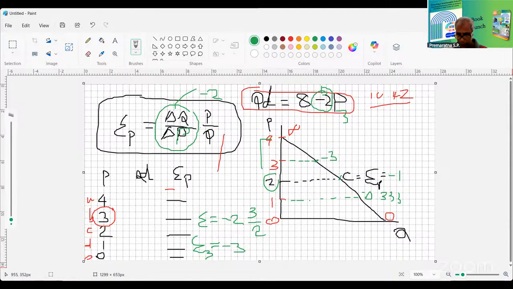Now I have a small question for you. Anyone can respond. Let's say you run a business. When you estimate the price elasticity, you got the elasticity equal to minus 3, which means your price right now is $3.